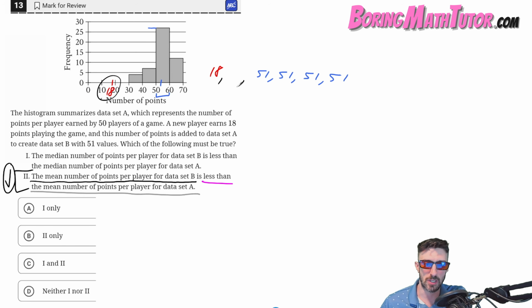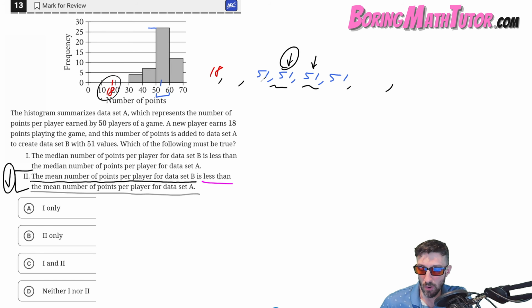Of course, I'd have to list all the other ones. But if I want to get the middle number once I do list them all, what could happen is that the median shifts down a little bit and it goes from here to here. That's a possibility. But wait a second, because these two numbers are the same, just shifting the place of the median is not going to change the value.